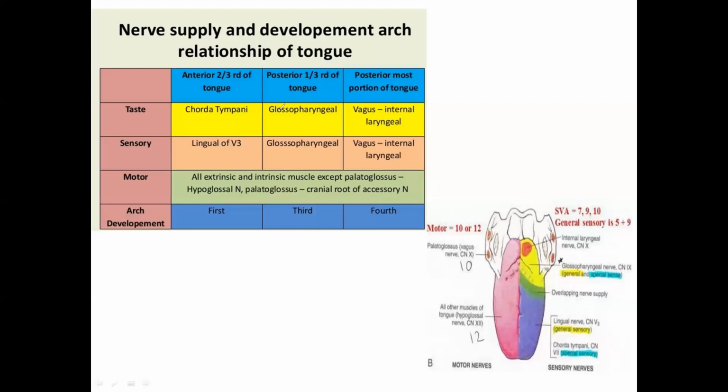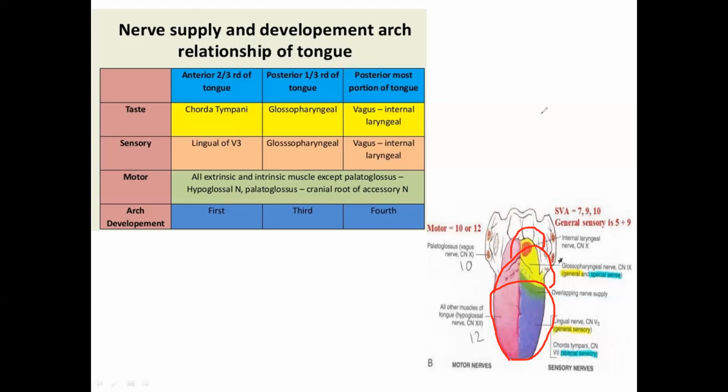Now coming to the taste, sensation, and sensory fibers of the tongue. Most of your tongue, the anterior 2/3, is formed by branchial arch 1. The posterior 1/3 is by branchial arch 3, and the most posterior by branchial arch 4.